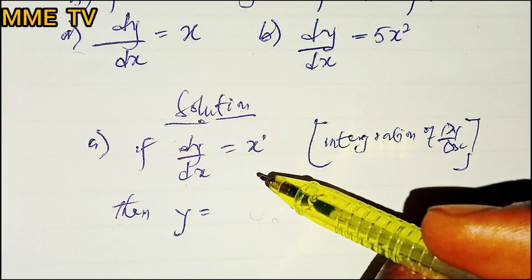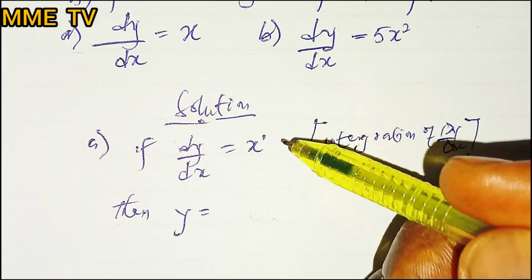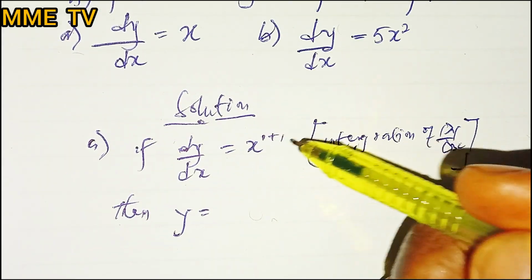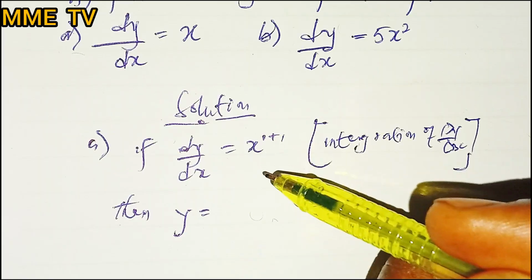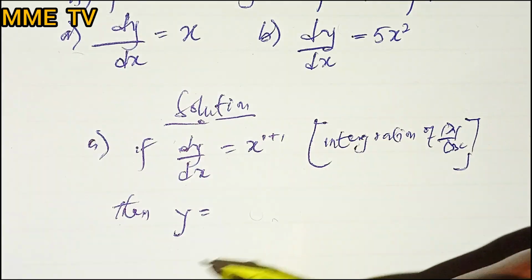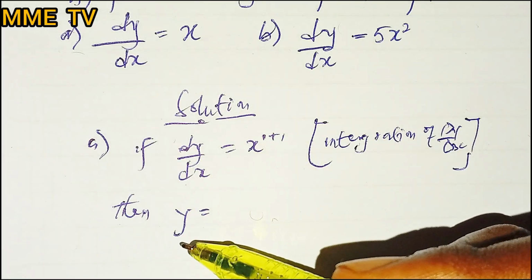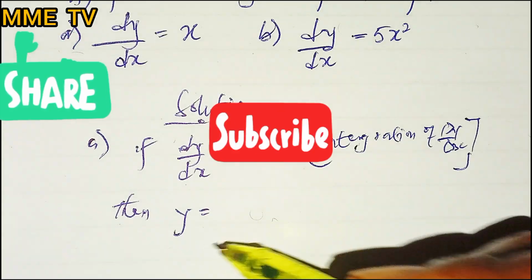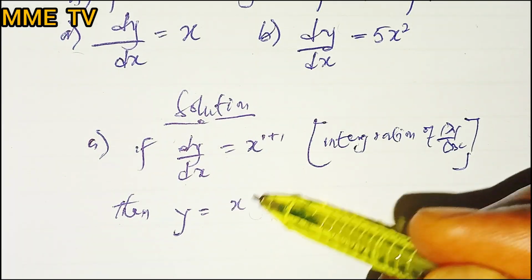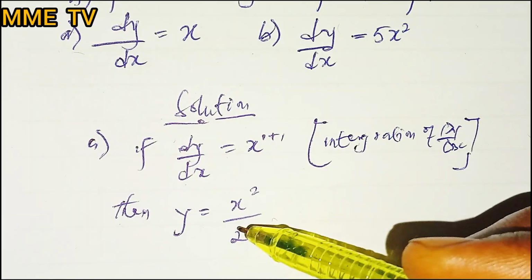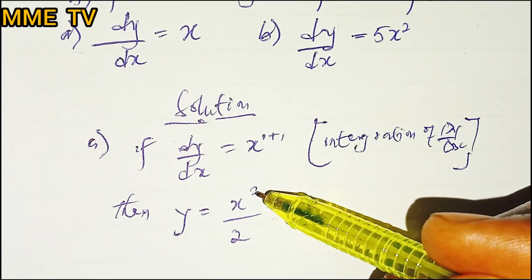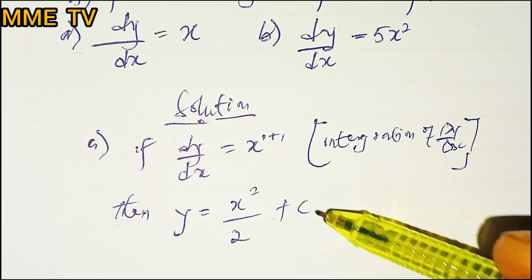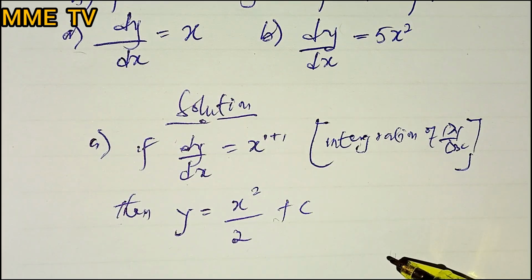So in solving integration, we are going to add an additional 1 to that, plus 1, meaning that this is going to be 2. And if dy/dx is equal to x, therefore y is equal to x raised to the power of 2 all over the same 2, plus c.